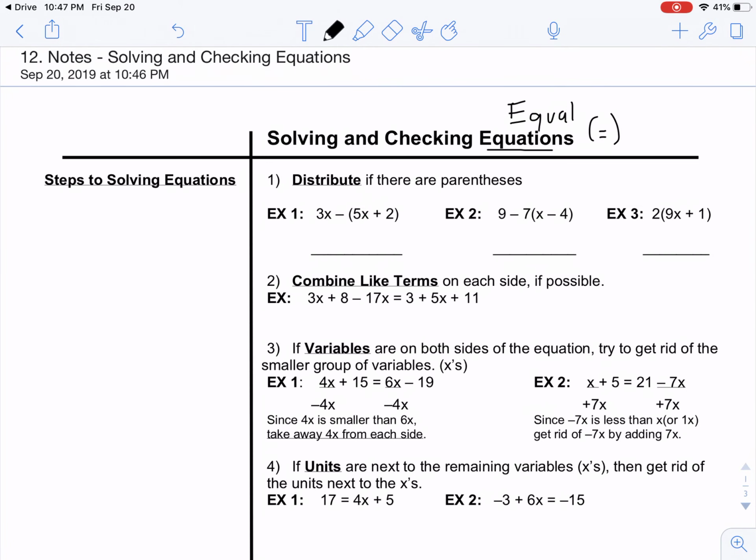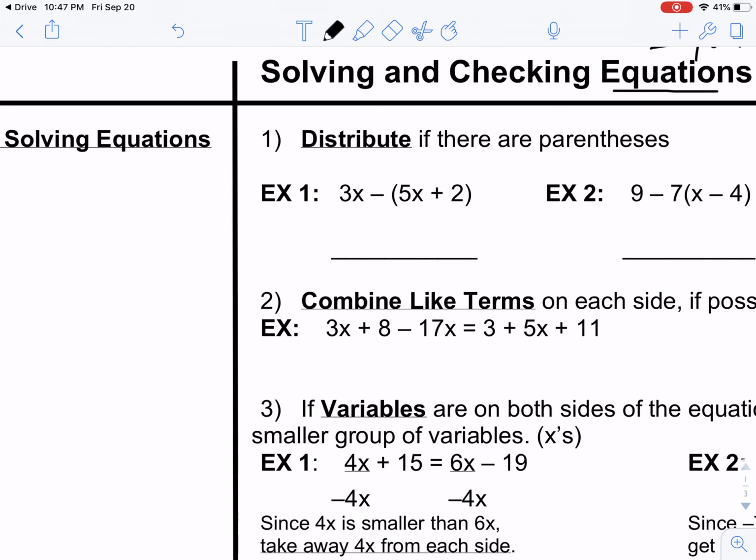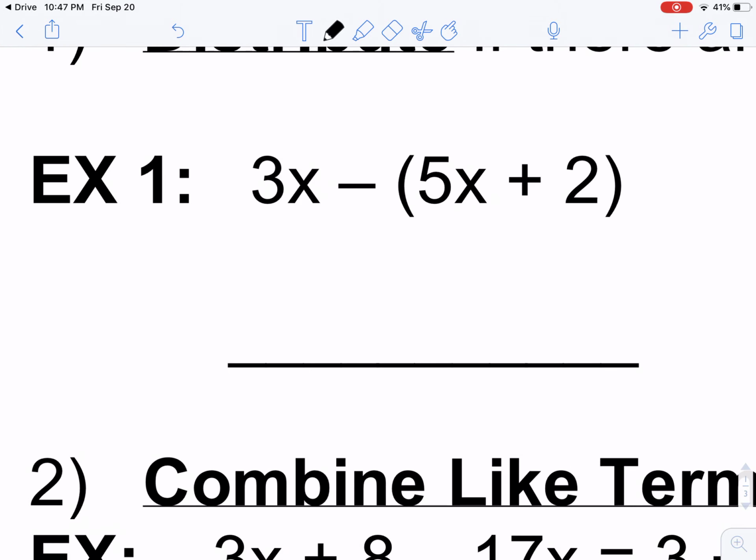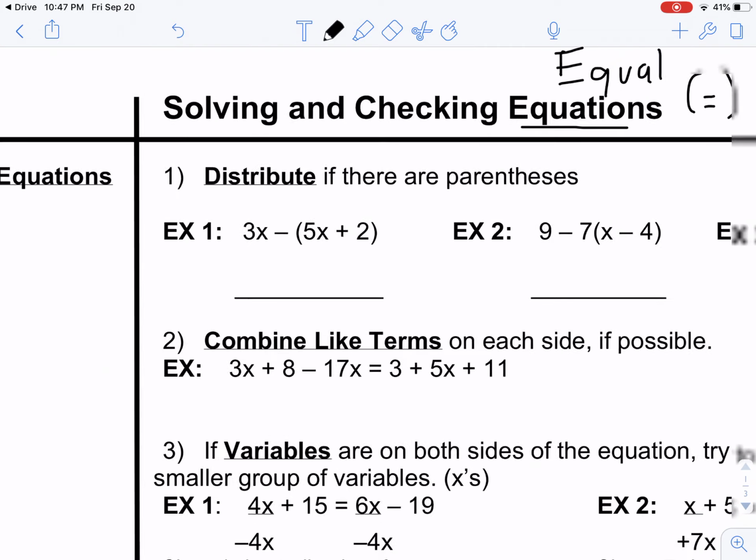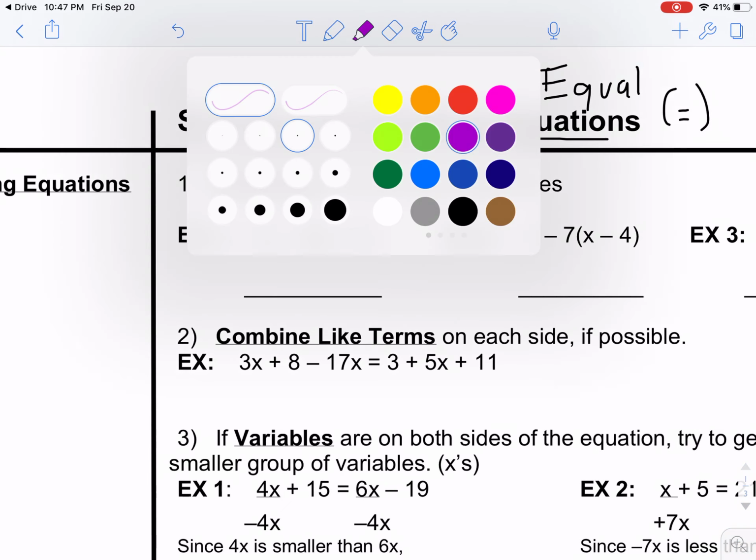Whenever we see a parentheses, our job is to take the number and the sign, whether there's a number or not, meaning that there's an invisible 1, or if there is just a sign, we are going to distribute that to the different terms that are in the parentheses.